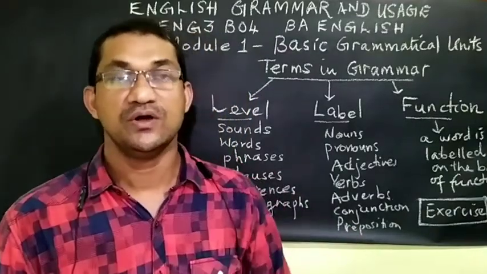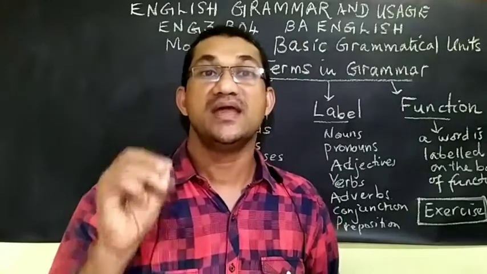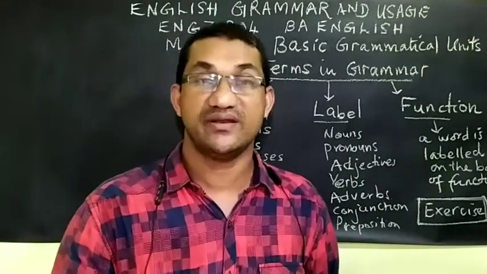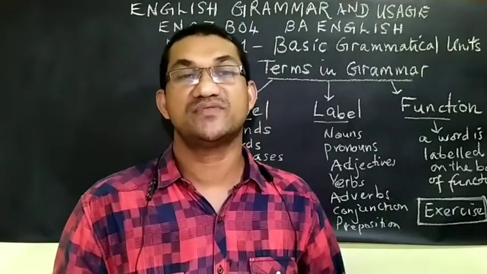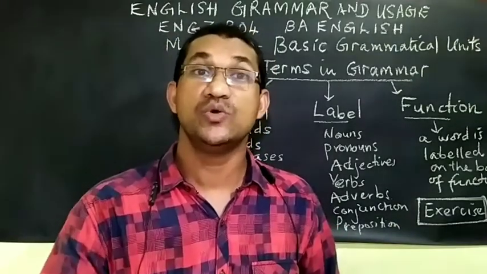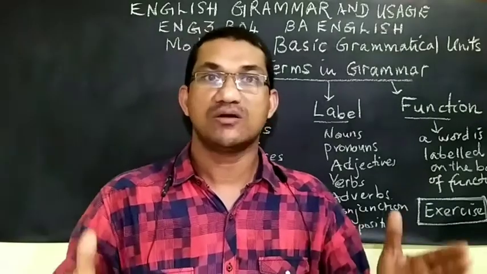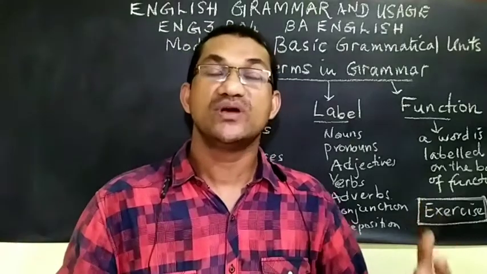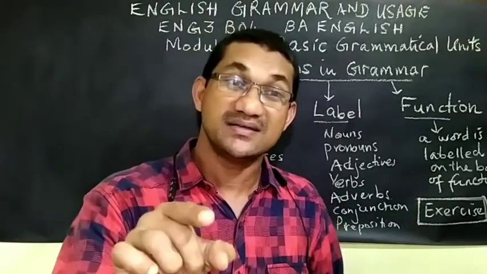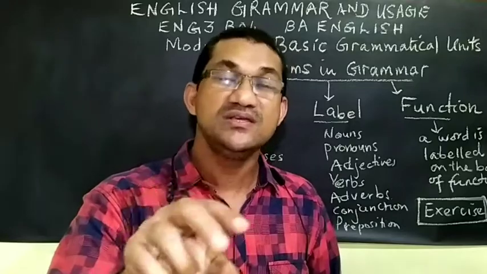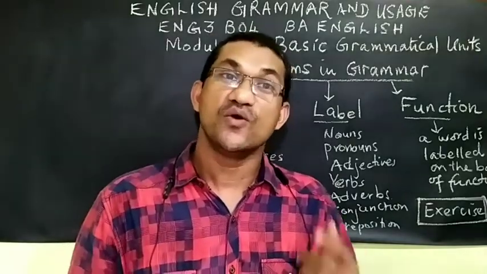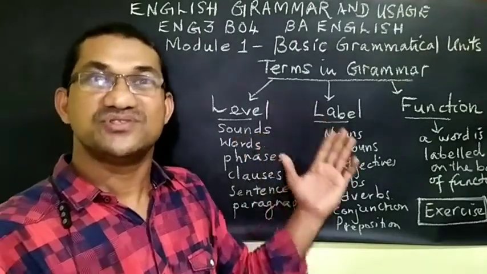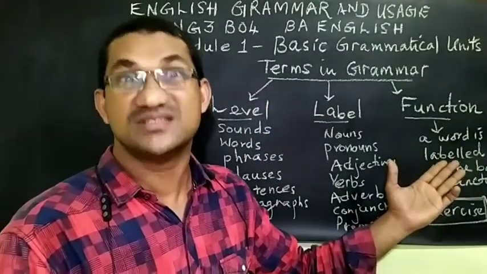Now I am going to draw your attention to a number of sentences. We will look at each of the sentences and discuss what each of them is made of. Or rather, we are going to look at the grammatical units of each sentence.